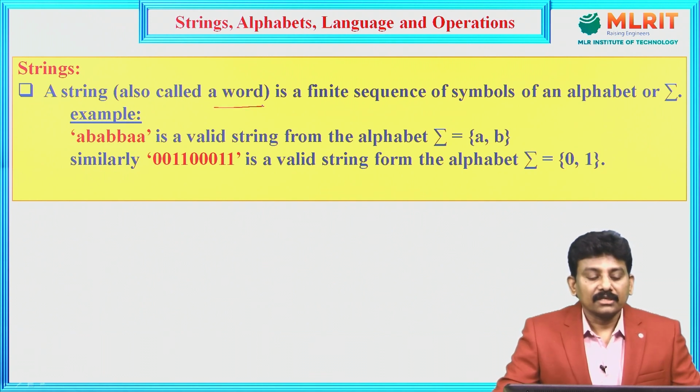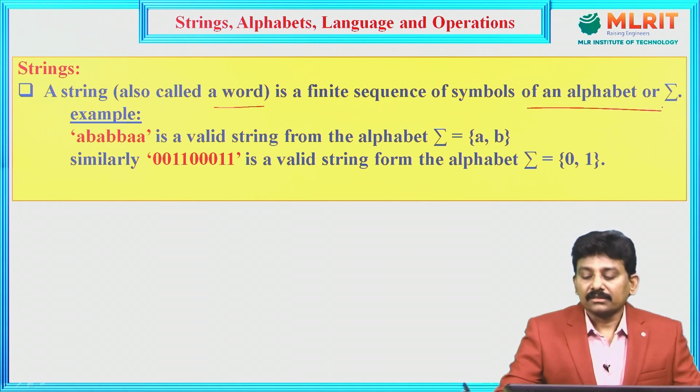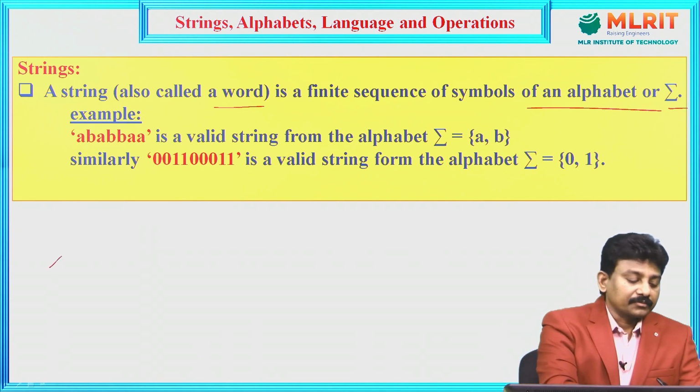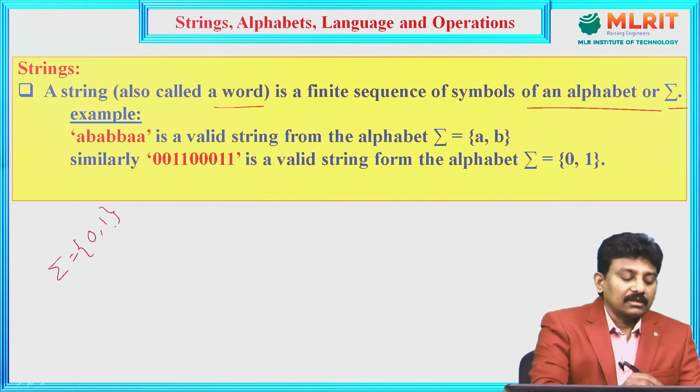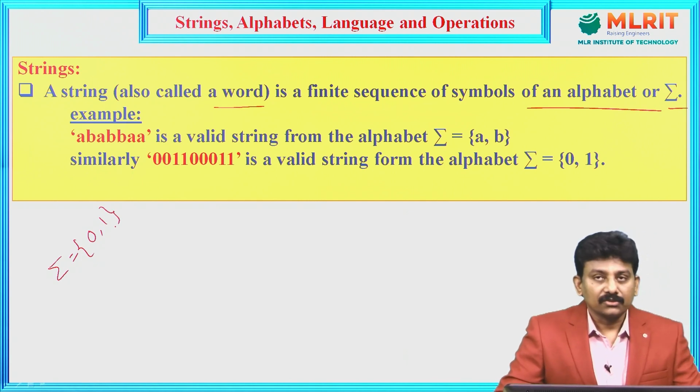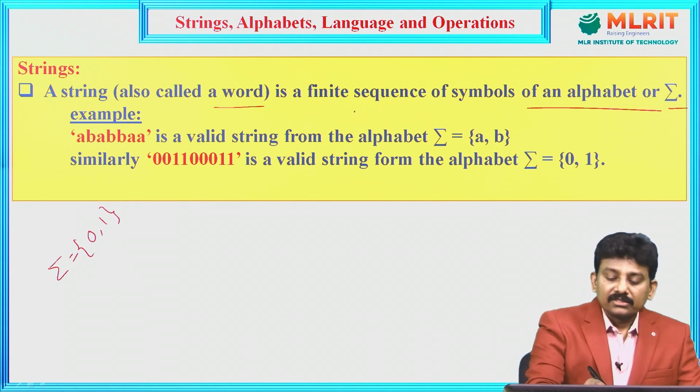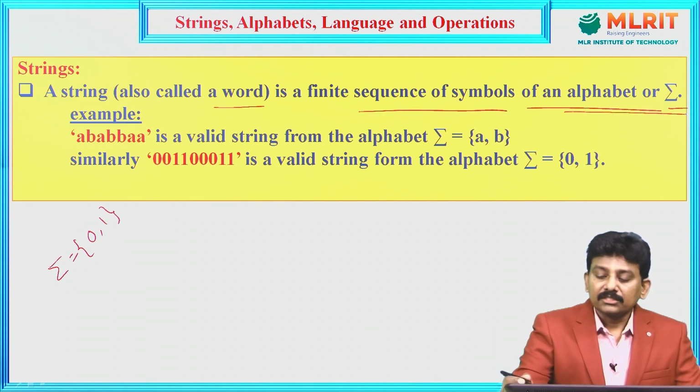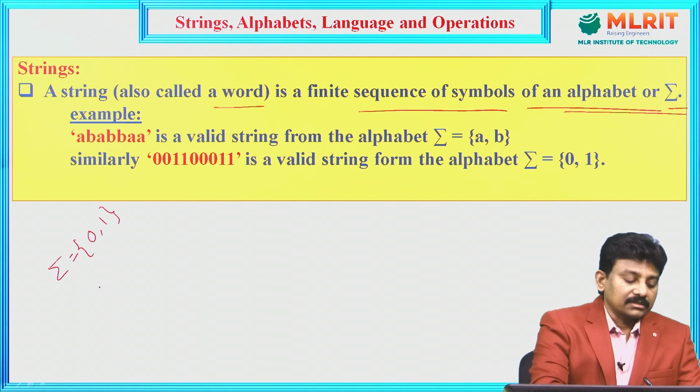Next definition, strings. A string, also called a word, is a finite sequence of symbols of an alphabet sigma. For example, here sigma is 0, 1, the given alphabet is the binary alphabet. A string is a sequence of symbols taken from sigma. Sequence of symbols, for example 0, 1, 0, 0, 1, 0, 1, 1, 0.